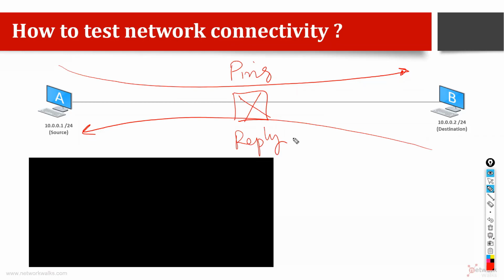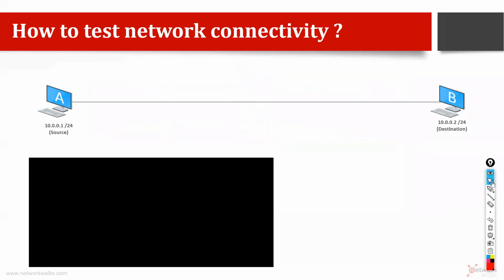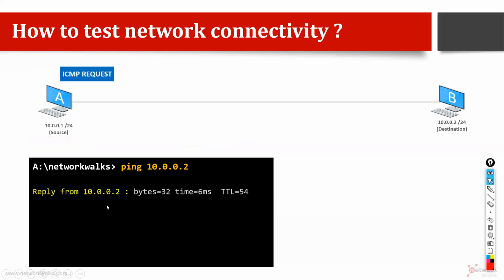Then you guys will reply, so I will know that you are still connected to me. So this is like the ping protocol. Let me play the video for you guys. We send an ICMP request, Internet Control Message Protocol, and a reply comes back. So it says yes, there is a reply.